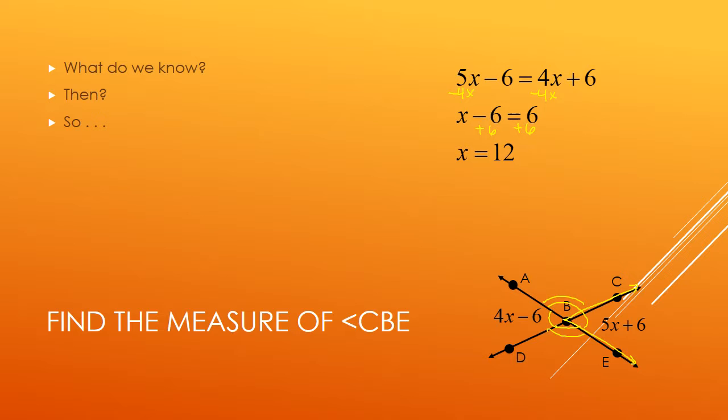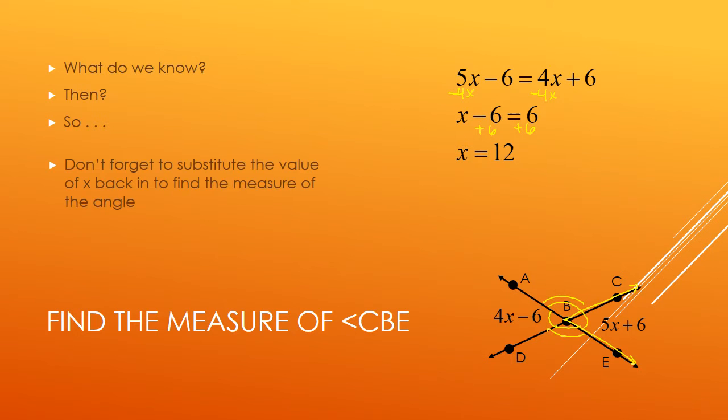Am I done? Nope. You should be answering, no, you're not done, because the question asks for the measure of the angle, so we have to substitute x back into the angle. Identify on your diagram what angle it's asking for. In this case, my problem's asking for CBE, so that's 5x plus 6.